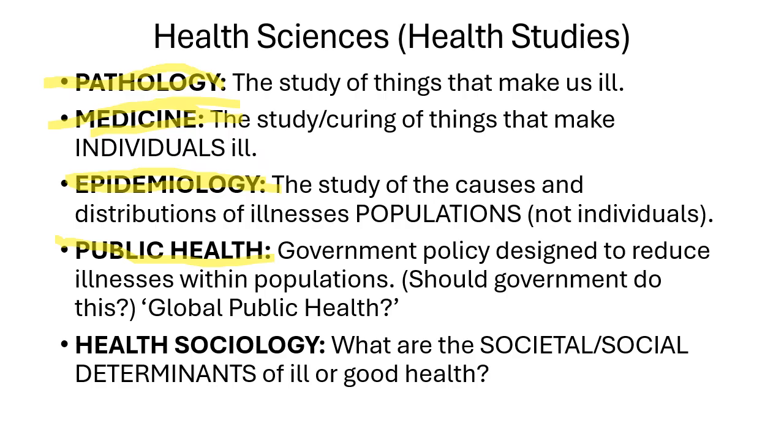In the last 50 years or so, epidemiologists have also concerned themselves with non-communicable diseases. So, for example, diabetes is a problem with the pancreas, the human pancreas, and it's not something you catch. Depending on which type of diabetes you have, type 1 or type 2, it's not even a type of diabetes that you inherit.